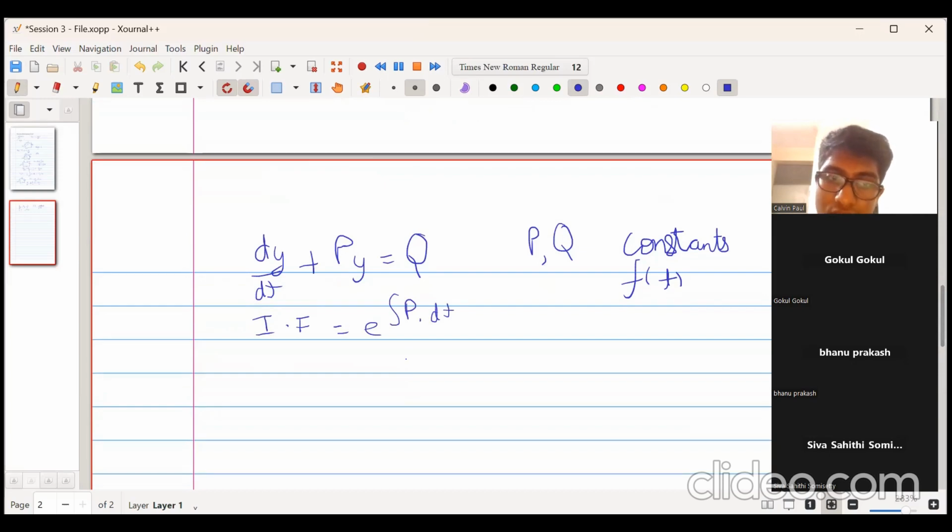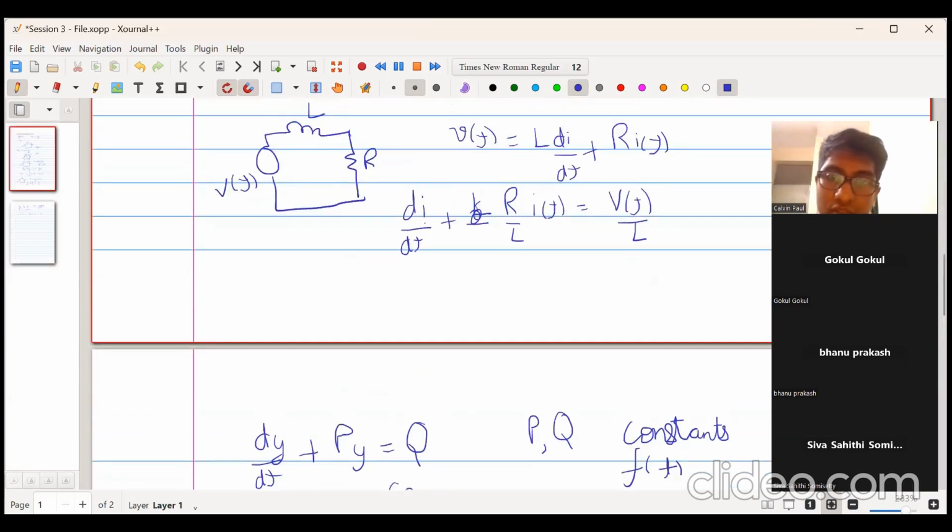And the solution which we will get when we solve this first order linear differential equation will be of this form: y into the integrating factor is equal to integration of q into integrating factor dt plus some constant k. So we will apply this method for solving this previous equation.